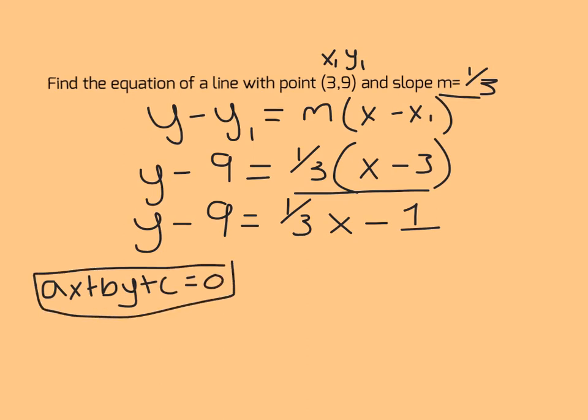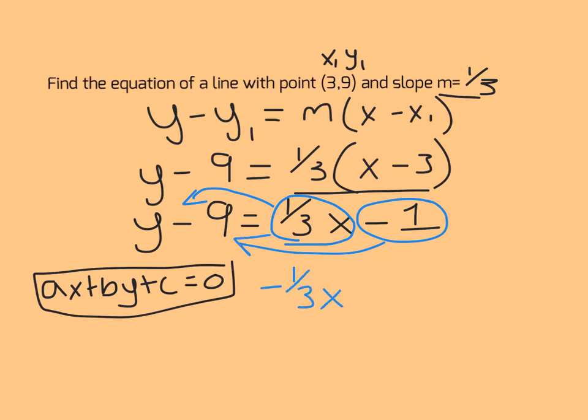So to do that, I'm going to bring my 1/3 x over this side, and I'm also going to bring my minus 1 over that equal sign as well. So I get minus 1/3 x plus y minus 9, and then I have plus 1 equals 0.